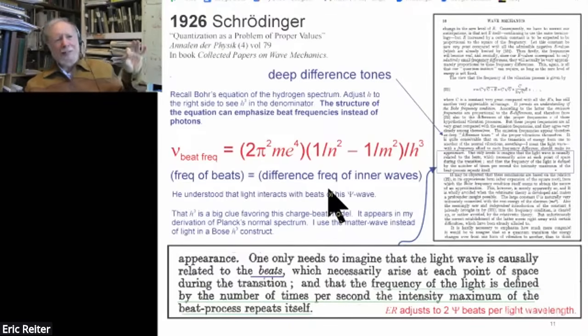So I embrace that concept, and just by looking at the equation of the hydrogen spectrum, it's about beats straight away, because there are two terms that you can have equaling a frequency. The difference in two terms is the difference frequency equals the difference frequency. And that's how to read, in its most fundamental sense, what the equation of the hydrogen spectrum is about. It's about difference frequencies, about beats.